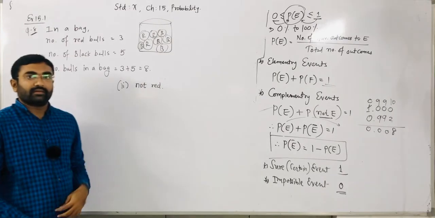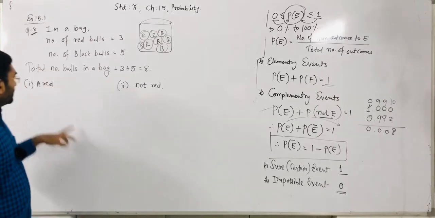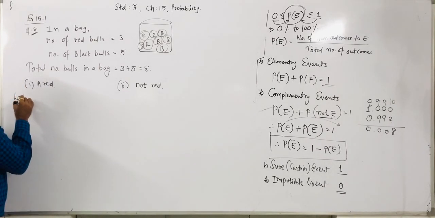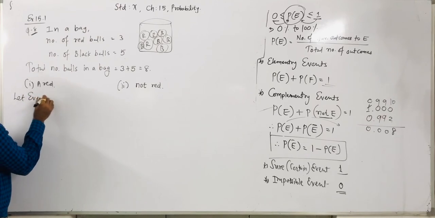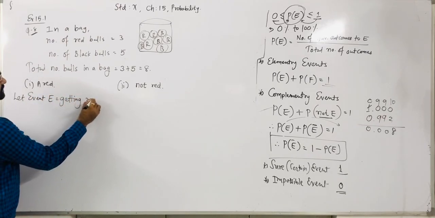Remember, whatever our question is, we have to take it as an event. Here we have to find the probability of getting a red ball, so let the event E be getting a red ball.